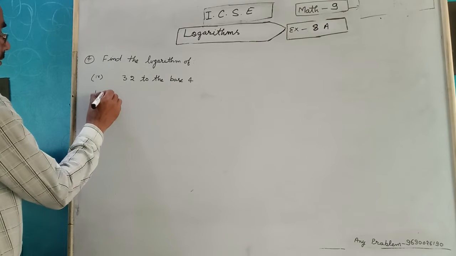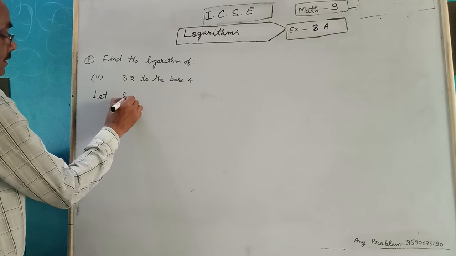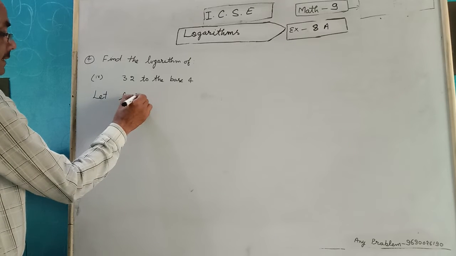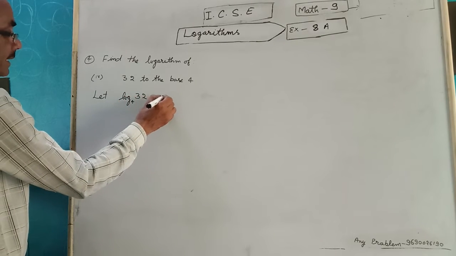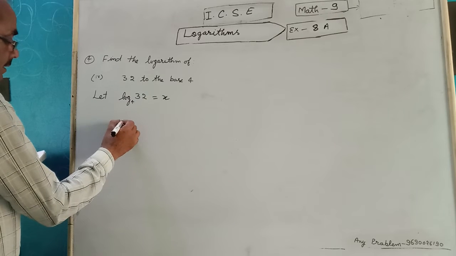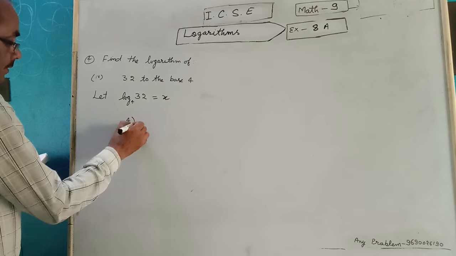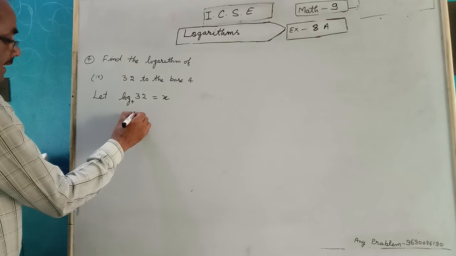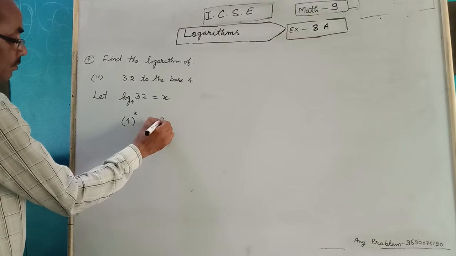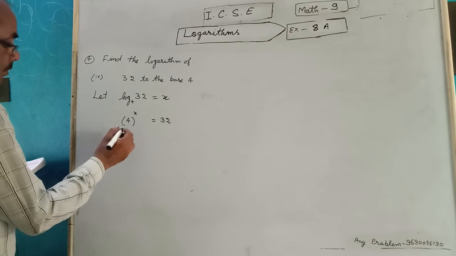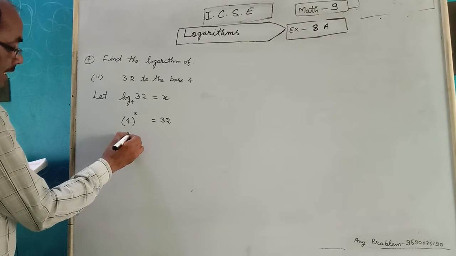You let log on 4 base 32 is equal to x. In exponential form, 4 as power x is equal to 32. 4 write the 2 as power 2.